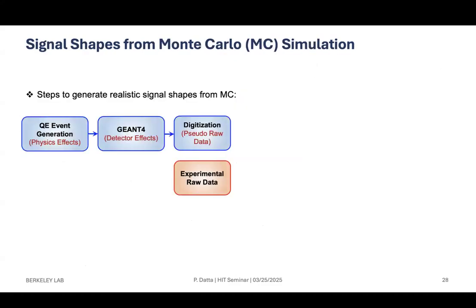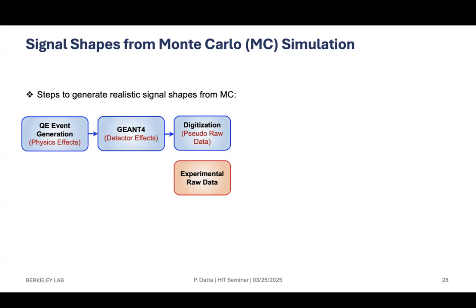So as you can imagine, generating realistic signal from Monte Carlo is challenging, right? But we have put in a lot of effort to have this machinery, which consists of multiple large-scale software libraries. So this is the high-level workflow.